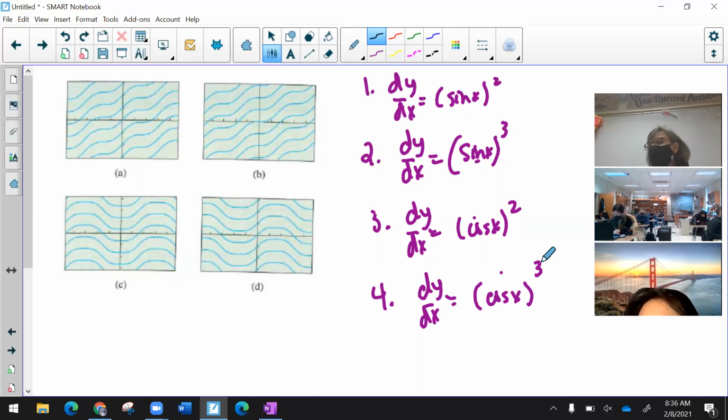Maybe we should use a table to organize our thoughts. Frequently when we're talking about slope fields, tables are useful. And because these are all trig functions, I probably want to think about things like 0, pi over 2, 3 pi over 2, pi, negative pi over 2, all that stuff.